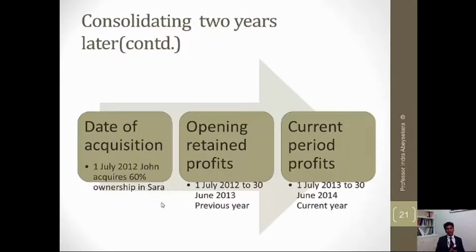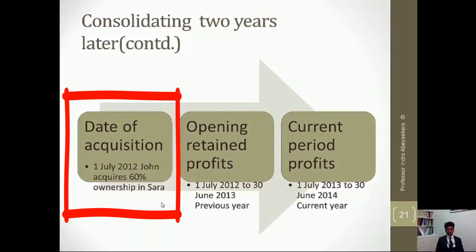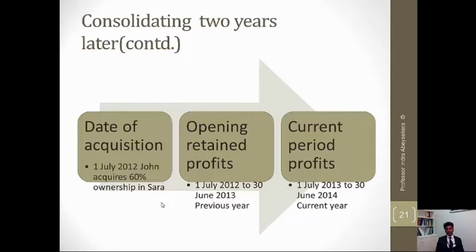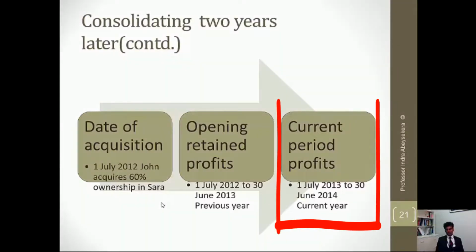When we record our journal entry, because this has happened over 2 years, we have to note some mileposts. Date of acquisition is 1st of July 2012, and then the first year ends on 30th June 2013.